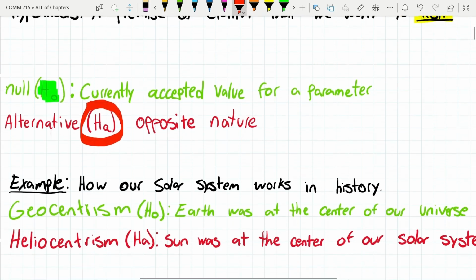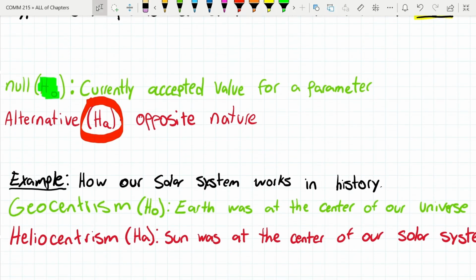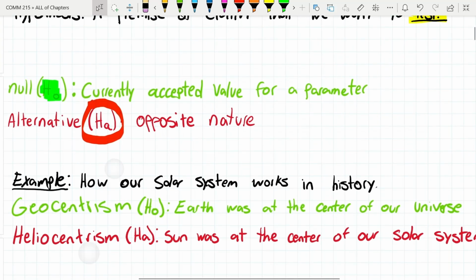So for an example of how our solar system worked in history, our null hypothesis back in the day was geocentrism, which was that Earth was at the center of our universe. That was the believed idea of how our solar system worked, and we had no way of testing if it was true or not.